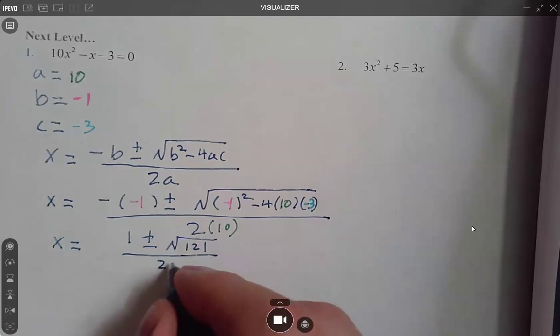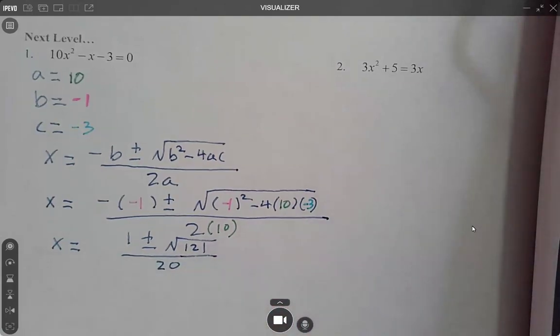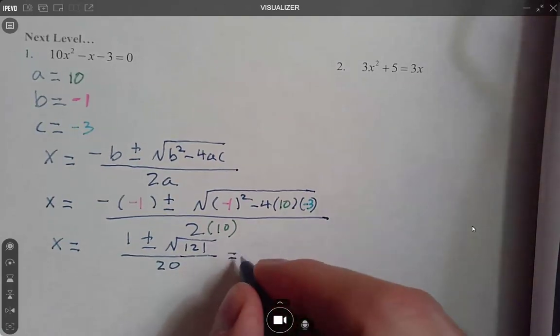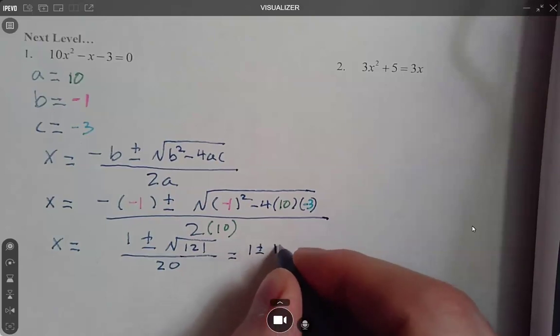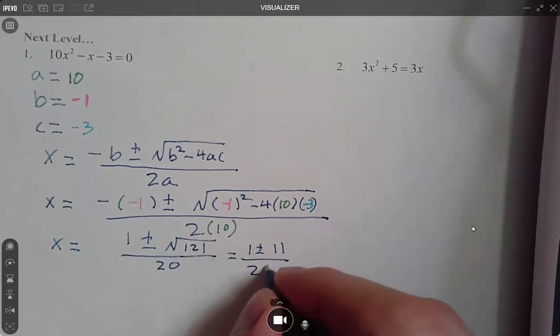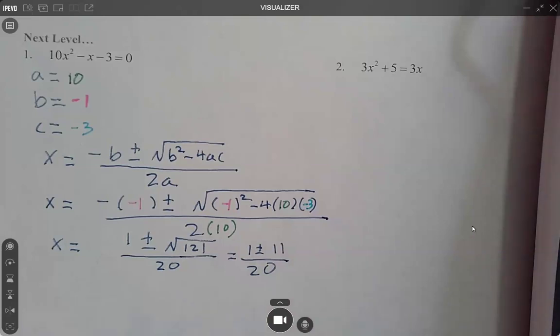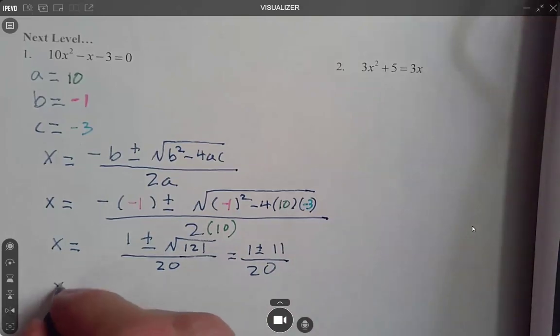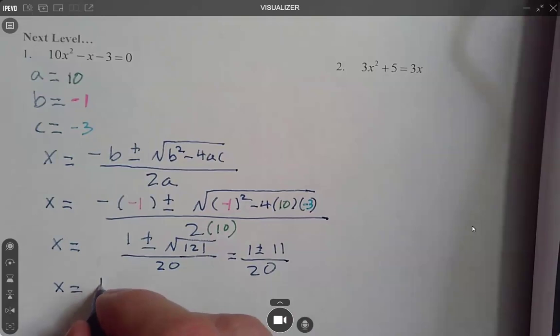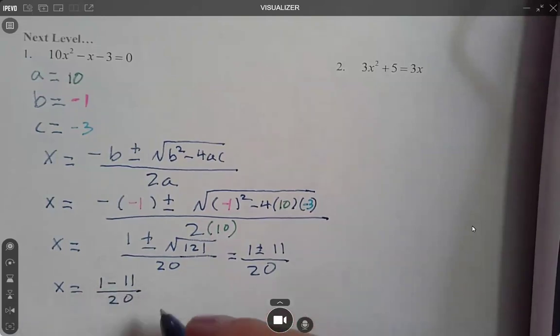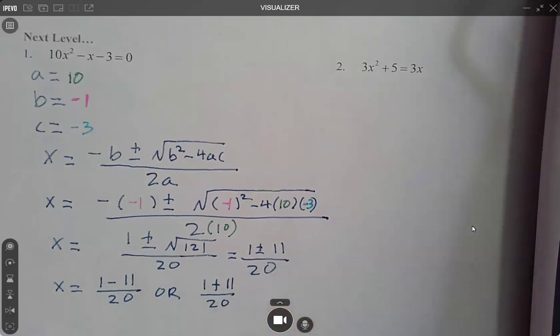2 times 10 is 20. Now we can actually take the square root of 121. So that's going to be 1 plus or minus 11 over 20. So we can split that out as two answers. X equals 1 minus 11 over 20, or 1 plus 11 over 20.